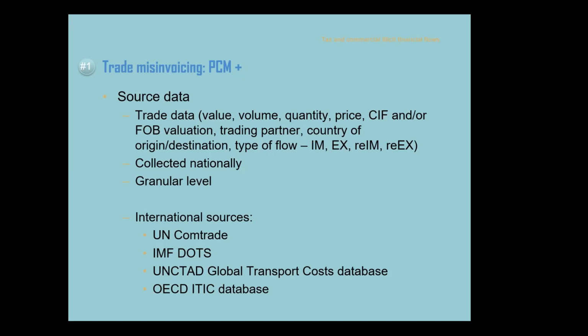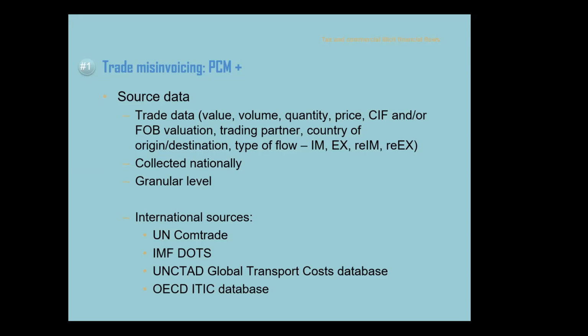There are some international sources which could complement or supplement our national sources. For bilateral trade statistics, we have UN Comtrade and the IMF DOTS, the Direction of Trade Statistics. Those are very valuable additional sources. And then we also have UNCTAD's global transport cost database.